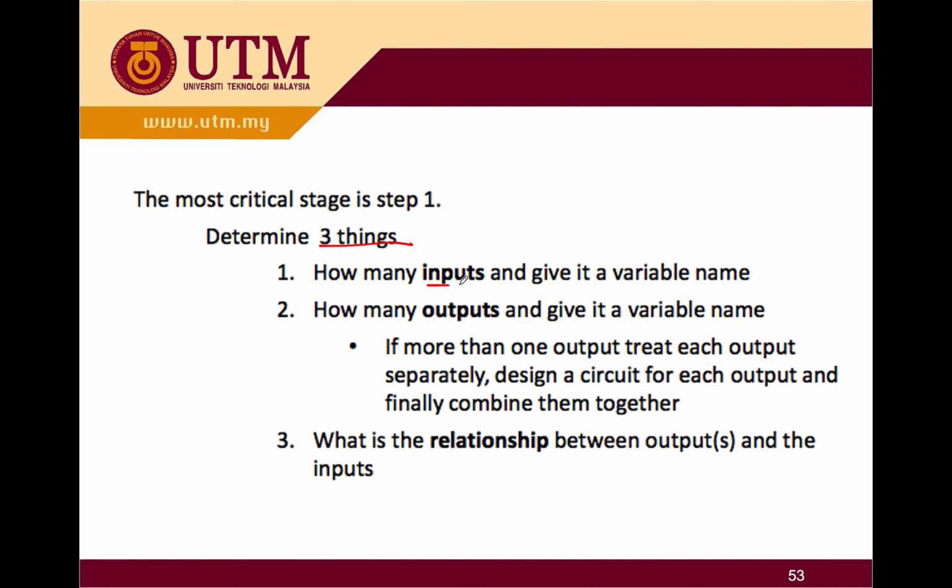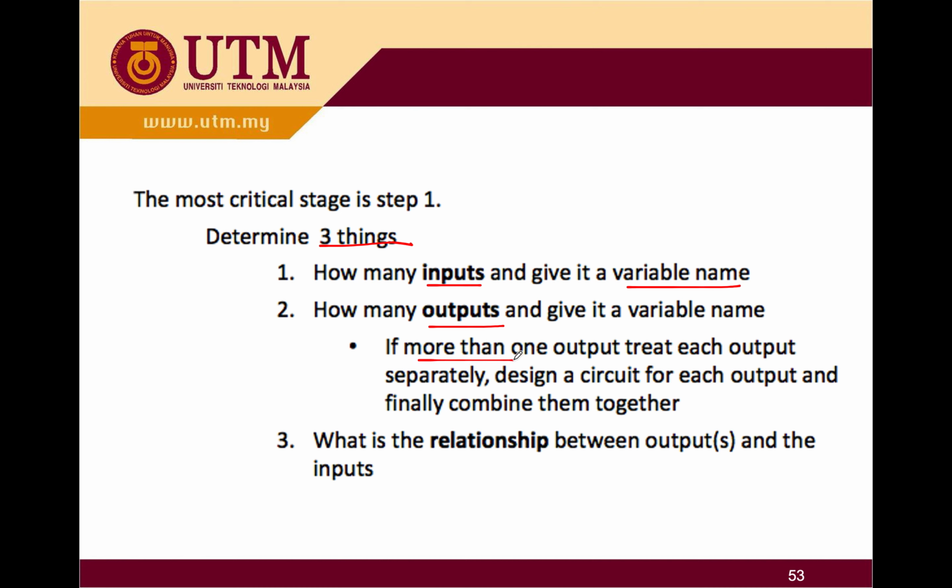First, how many inputs, and give them variable names, whether A, B, C, D until Z. What are the variables and how many? Then how many outputs do you have? You can see it using your truth tables or also using your Boolean algebra.